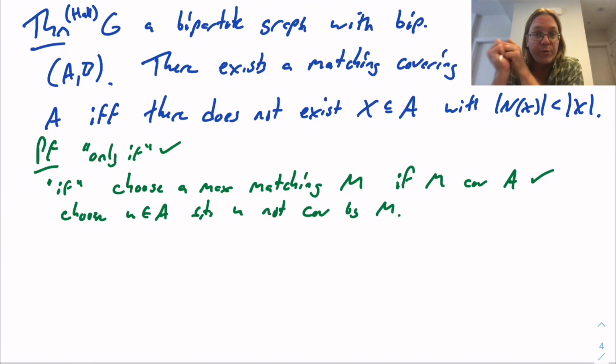So remember, when I've got a fixed matching M, a path in my graph is alternating if every other edge of the path is in the matching. And there's a special kind of alternating path called an augmenting path. If you have a path that's alternating, you start out with an edge not in the matching, then an edge that's in the matching, then not, then in, then not.